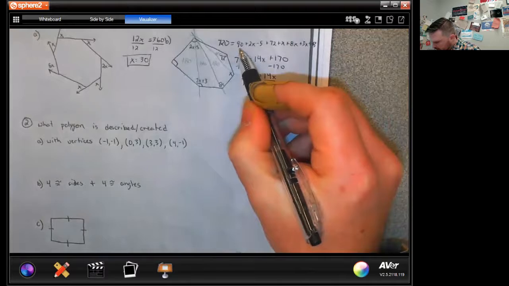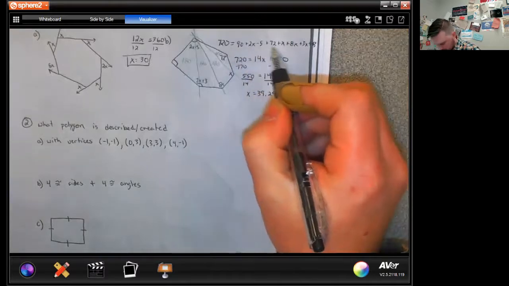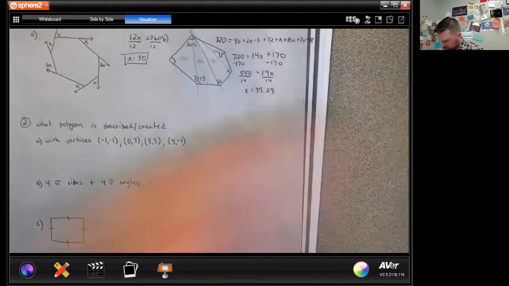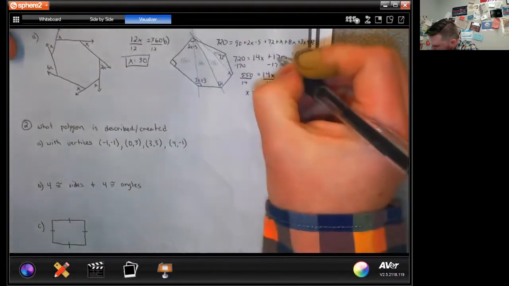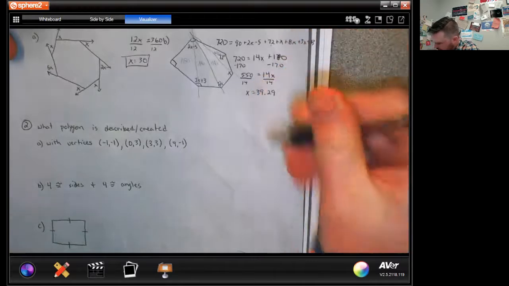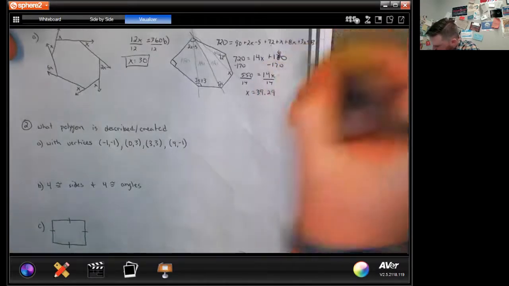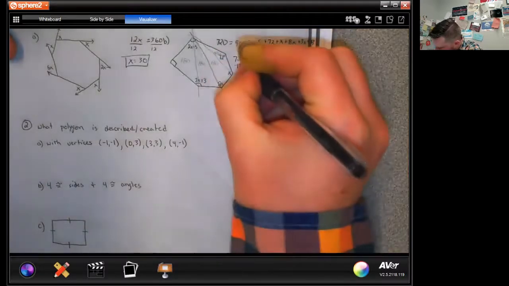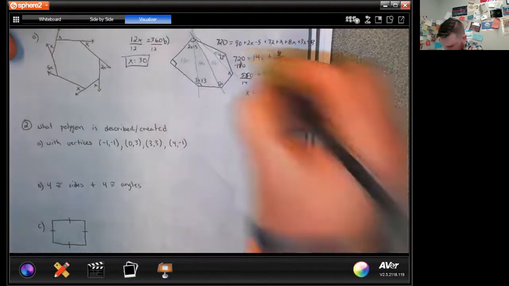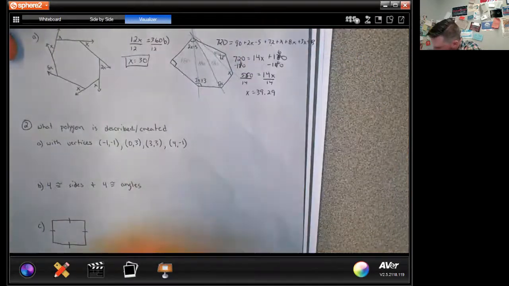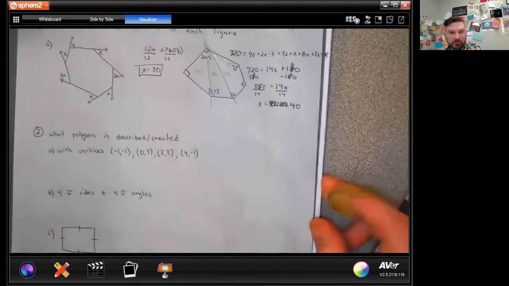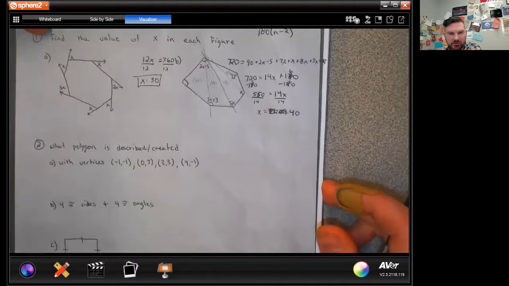Okay, so 90 minus 5 plus 72 plus 3 would be 160. So I should have taken 720 minus 160. It'd be 560 divided by 14, which is 40. My bad, I wrote that down over there wrong. So in this case, x gets you 40.